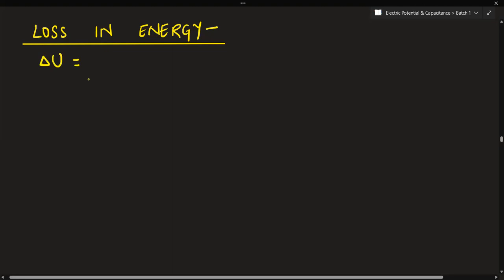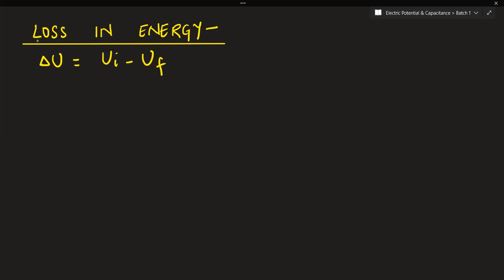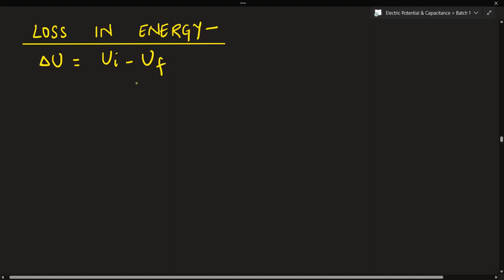Change in energy will be, if we subtract both the energies, initial energy and final energy. And since it is a loss in energy, we are writing U initial minus U final. We are not calculating the change in energy. Had we been calculating the change in energy, we would have written U final minus U initial. But right now we are calculating the loss. So obviously this answer will be negative.